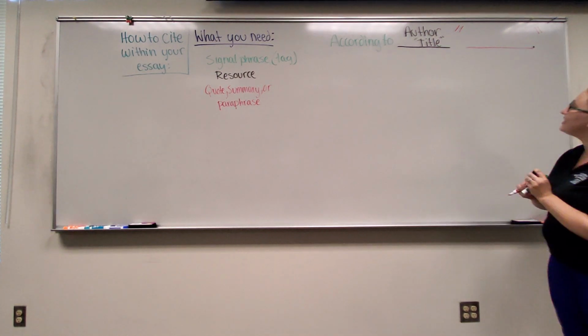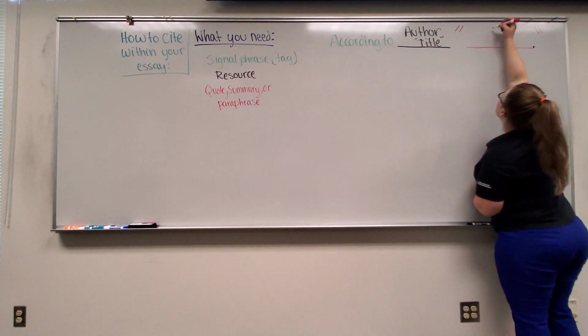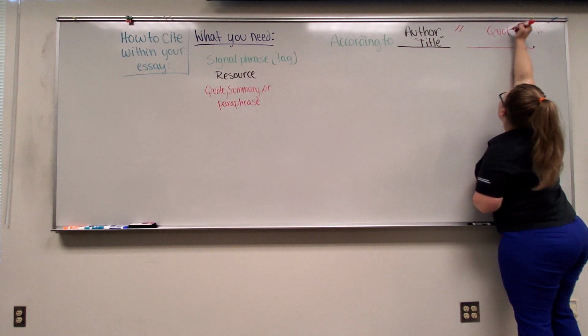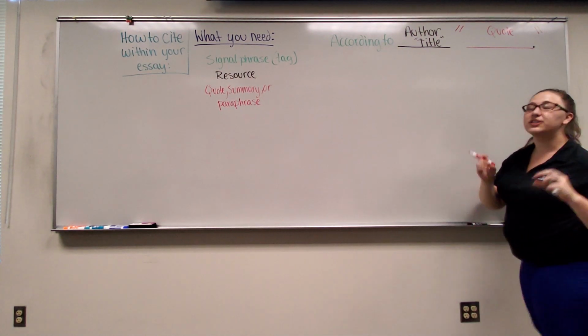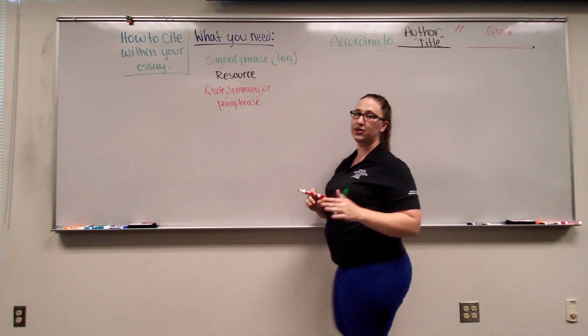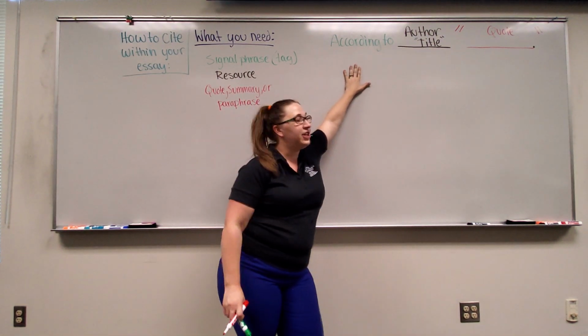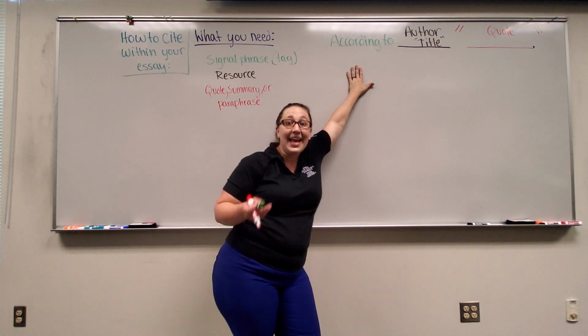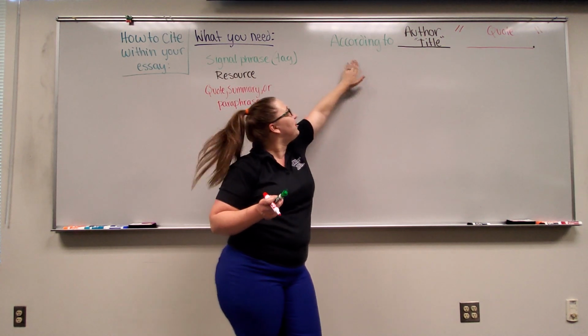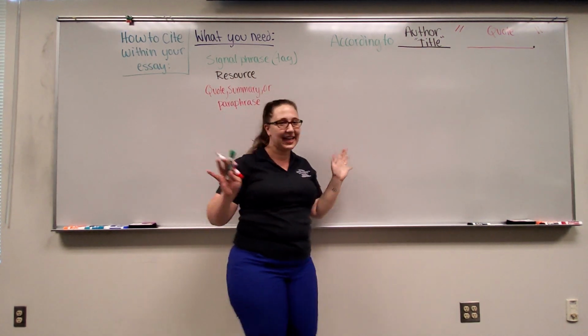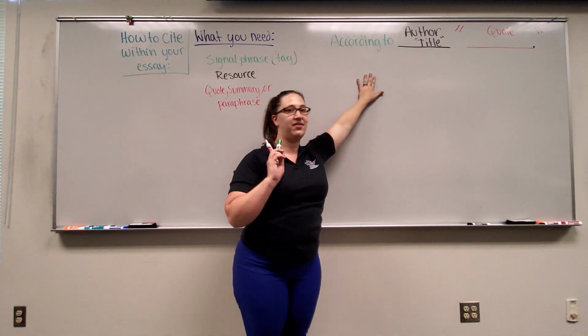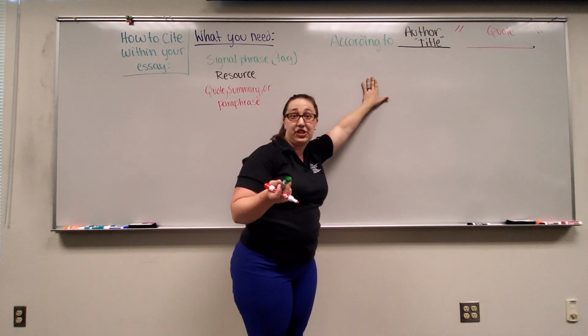As simple as that. So you are going to quote however many words directly from your resource after you have told us your resource, which is attached to a signal phrase. It's that easy. Now, of course, your signal phrase, you can get fun, exciting, interesting with it. According to, it's just a very easy, simple way to start.